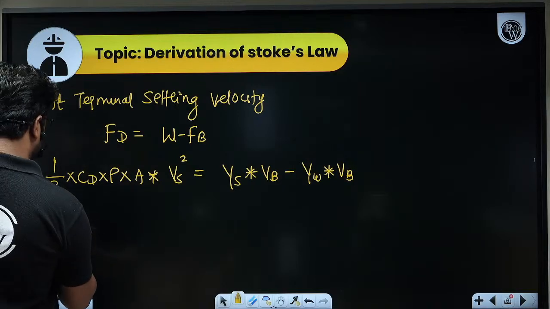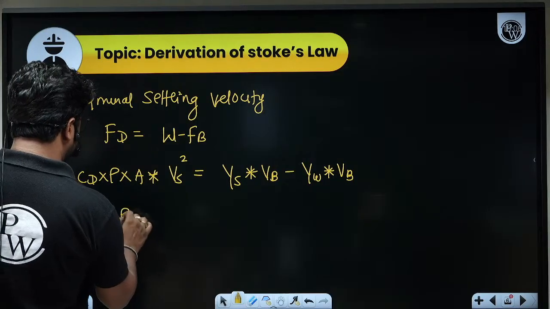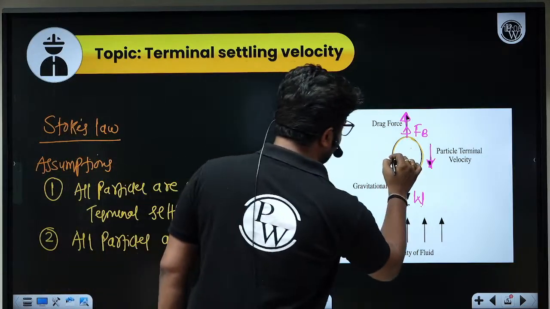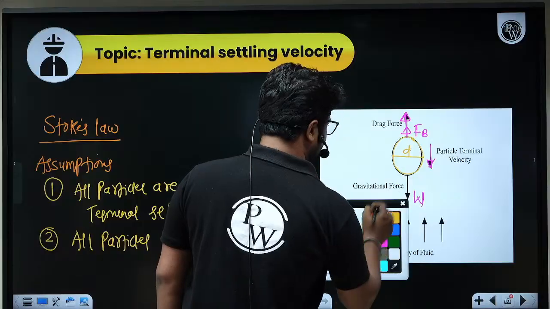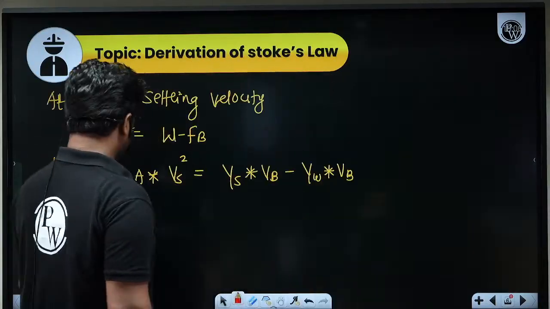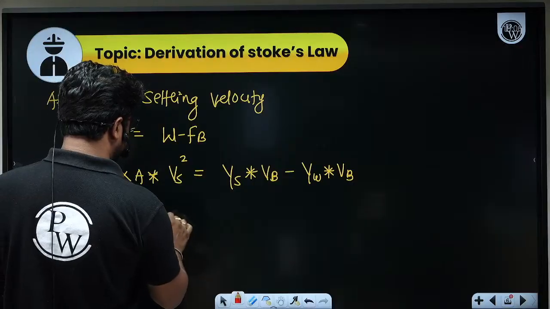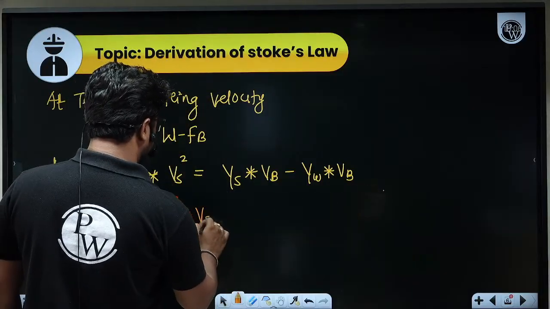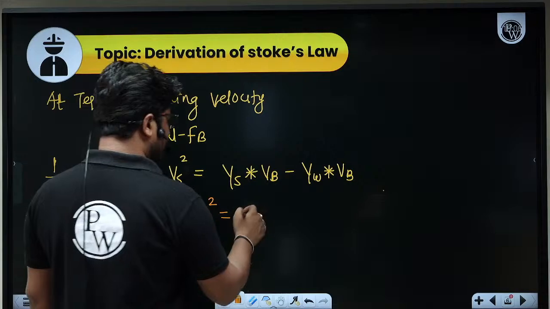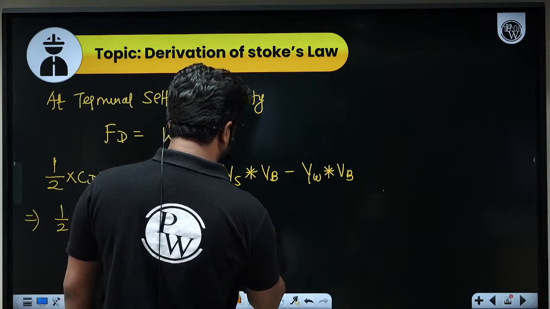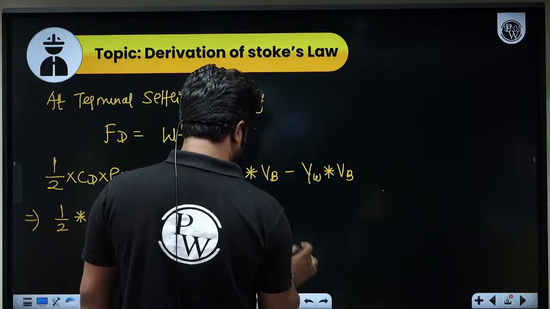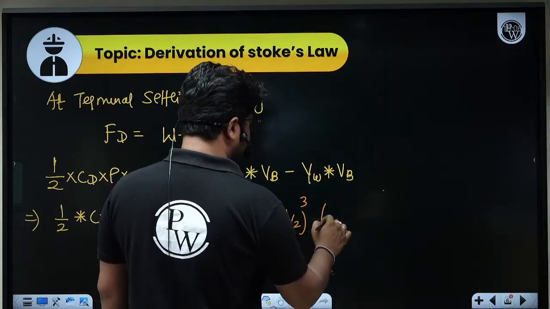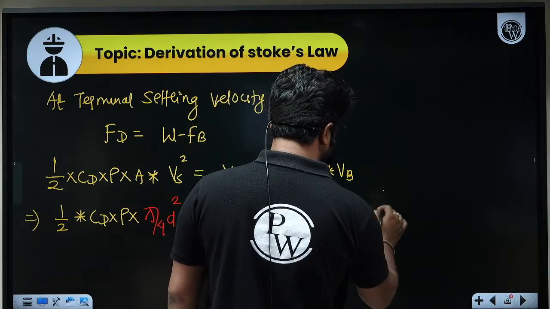Now half into CD into rho into area. For the drag force, if you consider the diameter as D, the area will be pi by 4 D square, into Vs square, equal to Vb common, so it will be 4 by 3 pi r cube, where in place of r I am writing d by 2 cubed, in bracket gamma s minus gamma w.